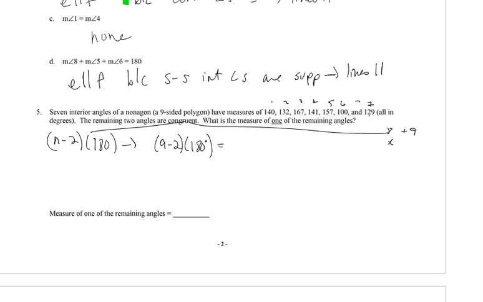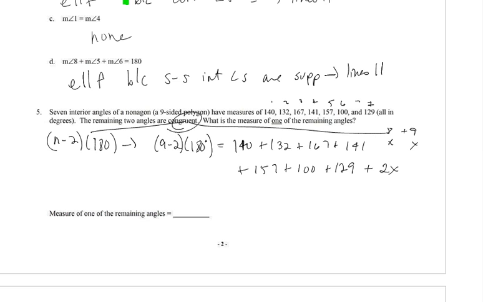But the nice thing is that since they are congruent, I can call both of them x. So we've got to write all those angles out. 140, 132, 167, 141, 157, 100, 129. And then don't forget about these guys, x and x, which make 2x.